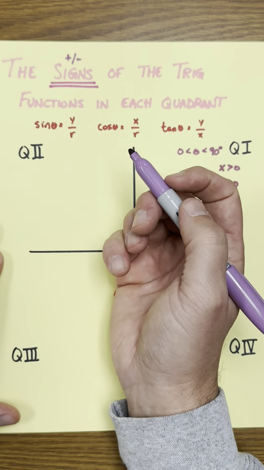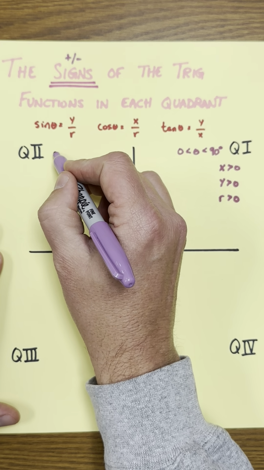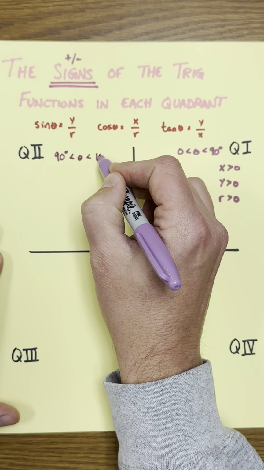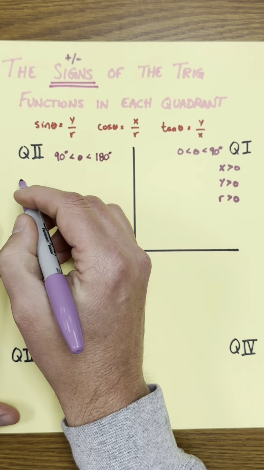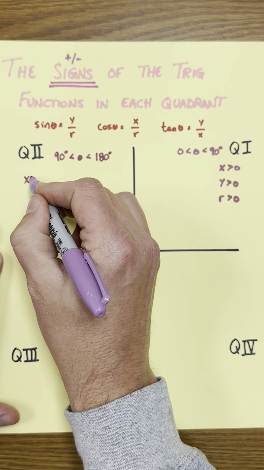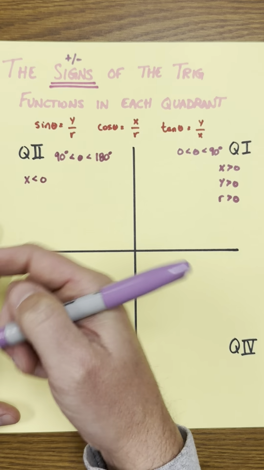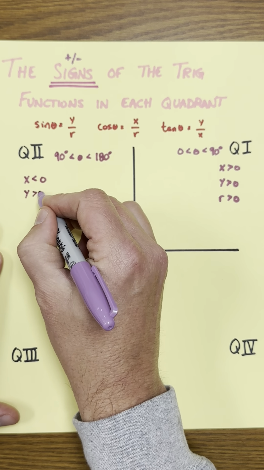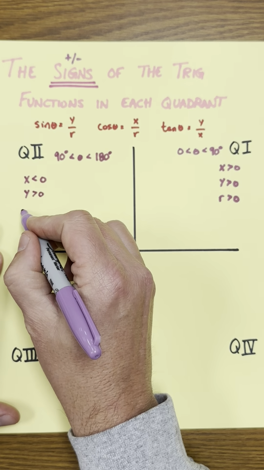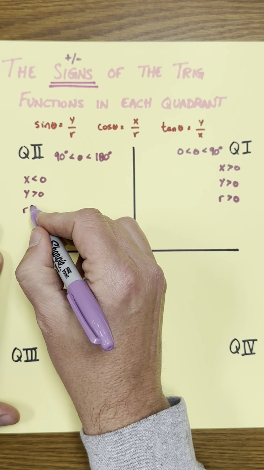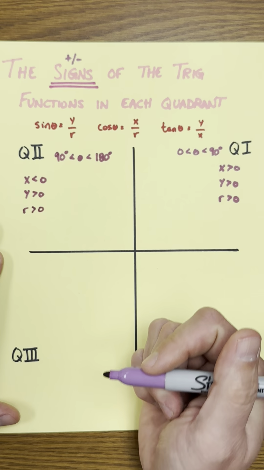In quadrant 2, our angle is going to be between 90 degrees and 180 degrees. Here, the x value is less than 0. That means it's negative because we're going to the left. The y value is greater than 0 because we're going up. And the r value, which is, again, like the radius of a circle, that radius is always going to be positive.